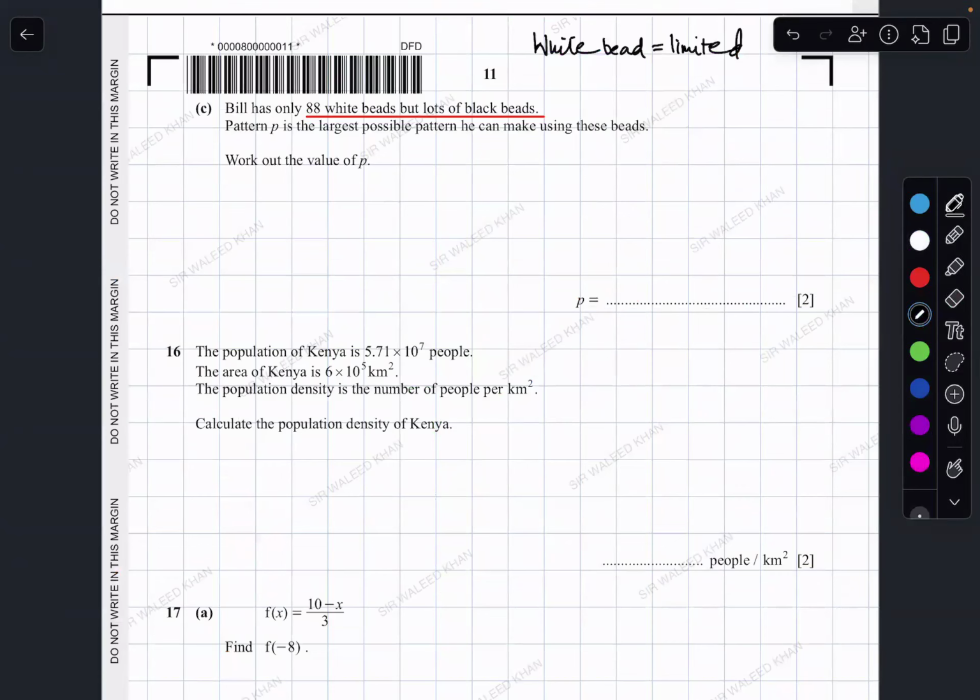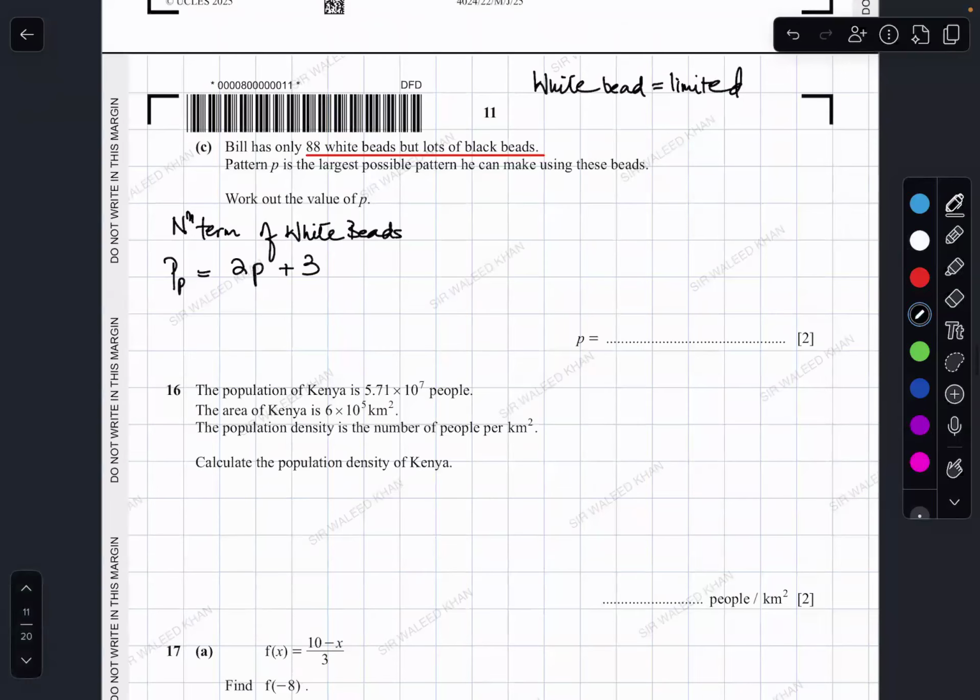So using the information for white beads, nth term of white beads, that will be Pn is equal to 2n plus 3. Let's make it pattern number P, 2P plus 3.